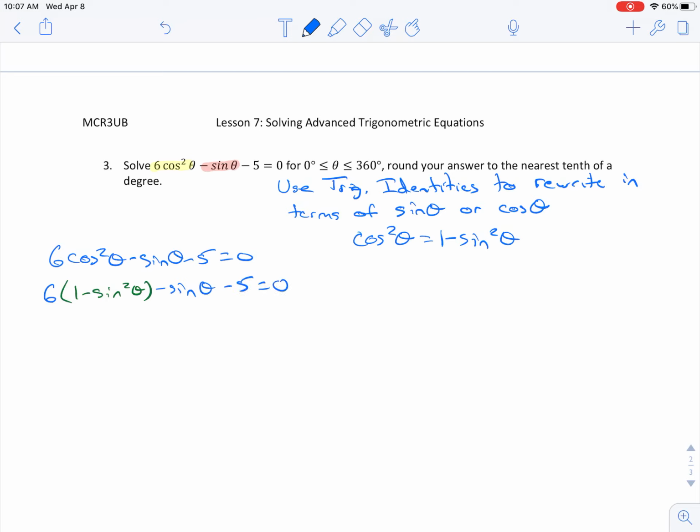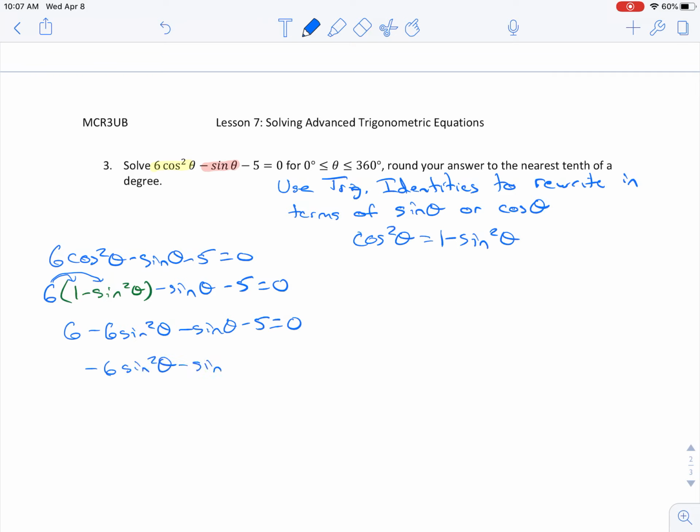So once I do that, if you want to, you can pause the video and see if you can complete this question. So pause it, see if you can come up with solutions to this one. So the first thing I need to do here, and you can always pause at any point, but I got 6 minus 6 sine squared theta minus sine theta minus 5.